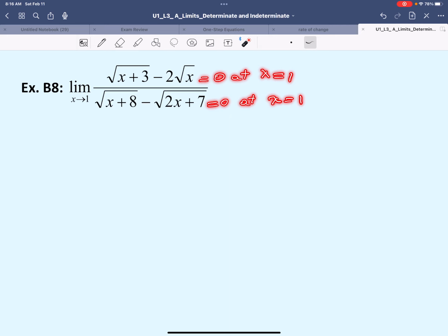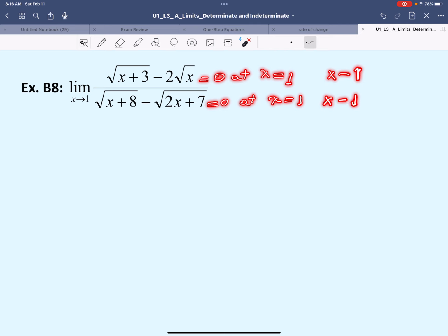So what that means is that, based on the factor and remainder theorem, when the value of the expression is 0 at a specific x value, it means that x minus that specific x value, which means x minus 1 in our case, must be a factor in the numerator and obviously a factor in the denominator as well.